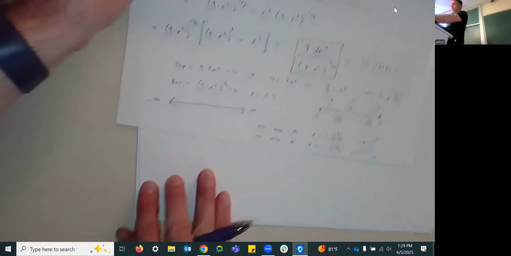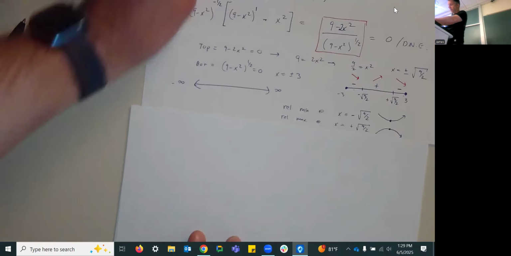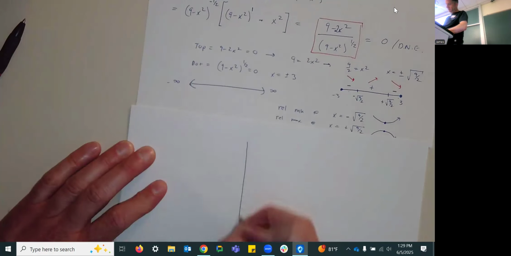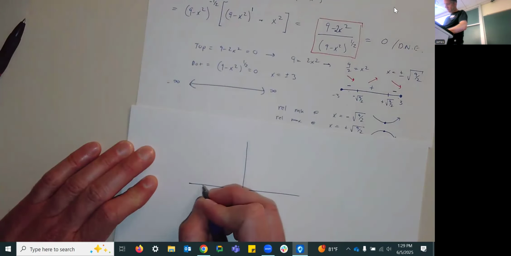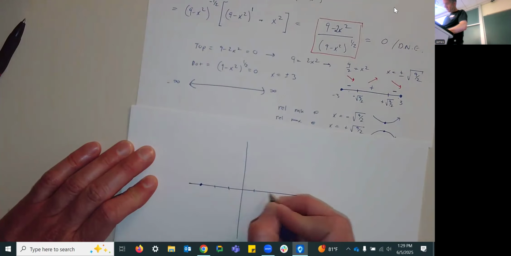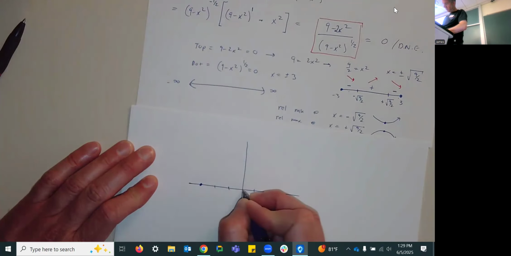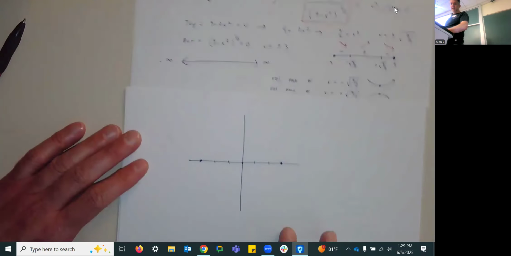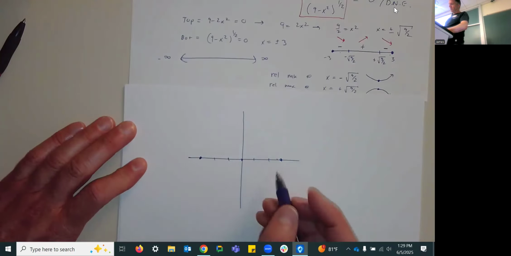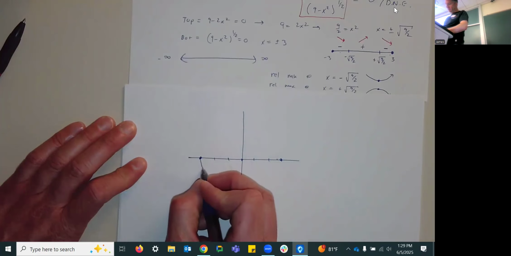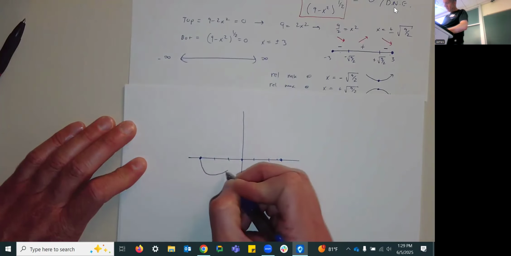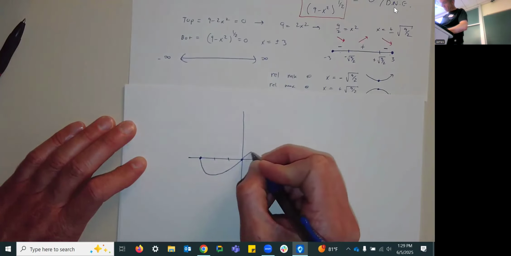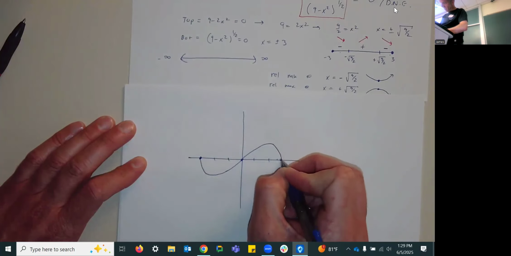I sigh because let me show you what this function looks like. Let's see, it has intercepts at negative 3 and 0 and 3, and it's decreasing, and then increasing, and still increasing, and then decreasing.